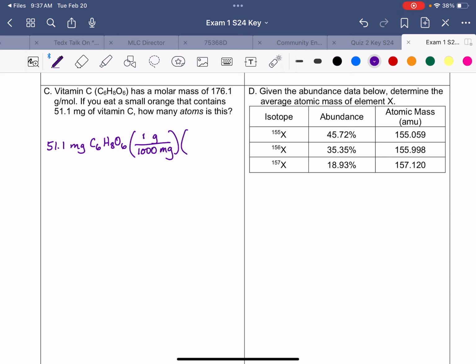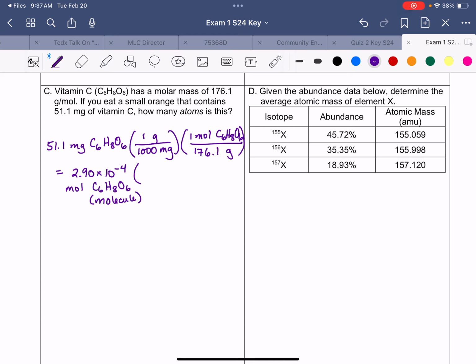And then the next step was to get moles. 1 mole of C6H8O6 has a mass of 176.1 grams. So when we do this, this gives us 2.90 times 10 to the negative 4th moles of C6H8O6, which is a molecule.